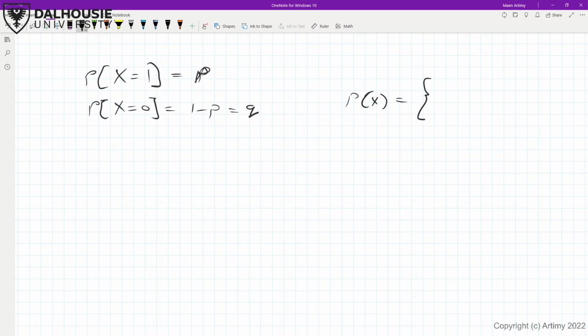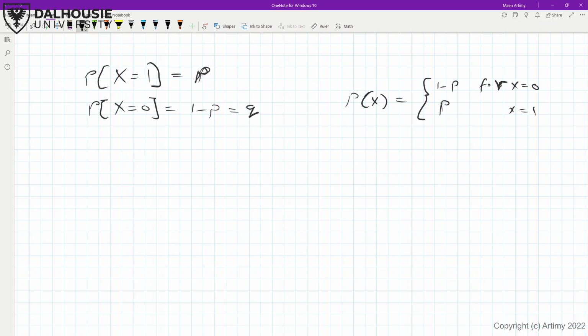And I can write it, well, if you want 0 and 1, then this means that it's q for x equals 0, and p for x equal 1. I can write q also as 1 minus p.